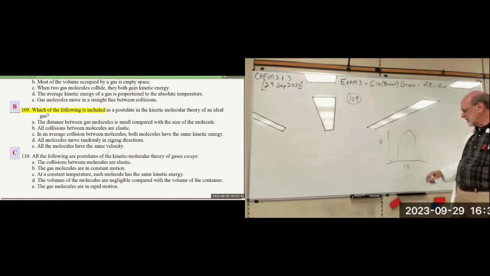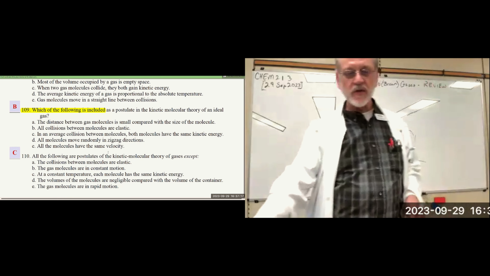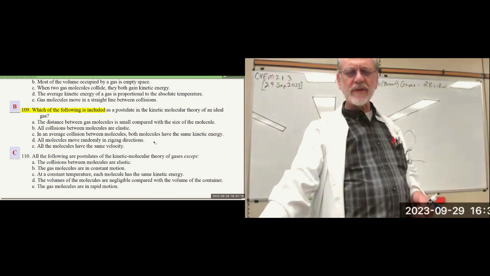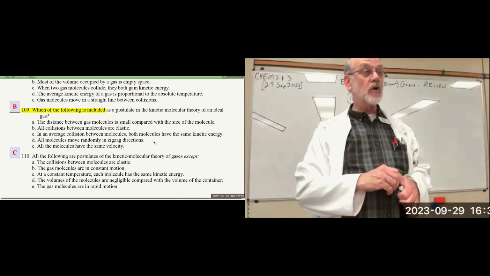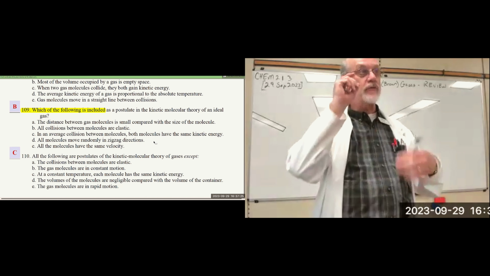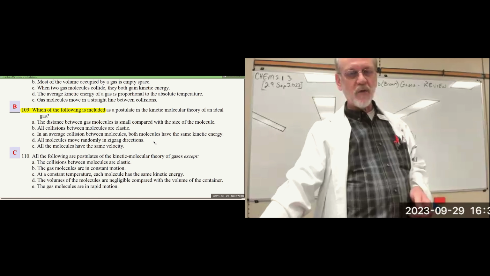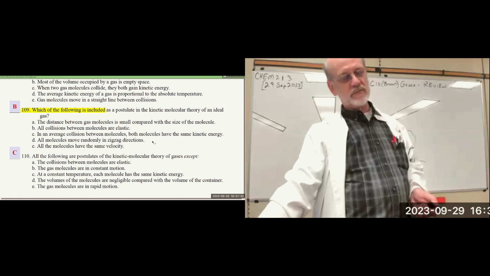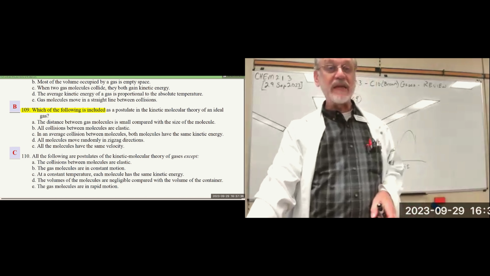Most of them are in here. So that's false. D, all molecules move randomly in zigzag directions. We do know they move randomly, we have to assume that, but we don't know if it's zigzag. E, all molecules have the same velocity. Nope, never going to happen. B is the answer.